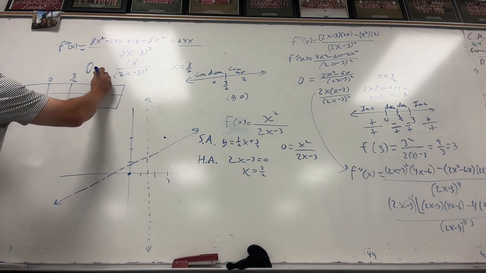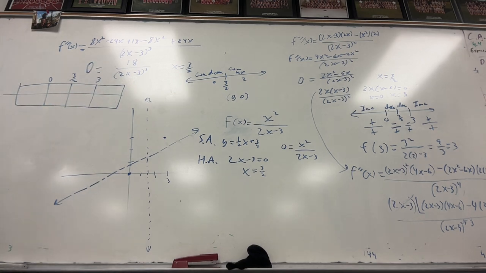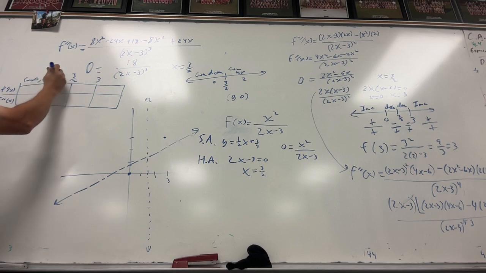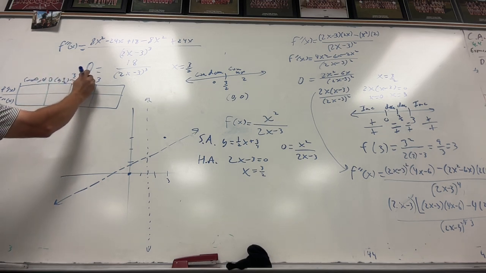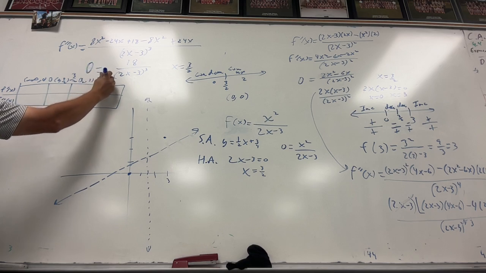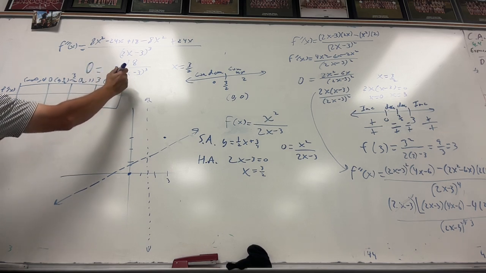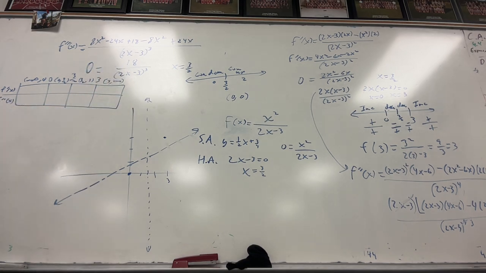Yeah, 3 is the point, but we just need the x value there. So we've got f prime of x and f double prime of x. Negative infinity to 0. 0 to 3 halves. 3 halves to 3. And 3 to infinity.